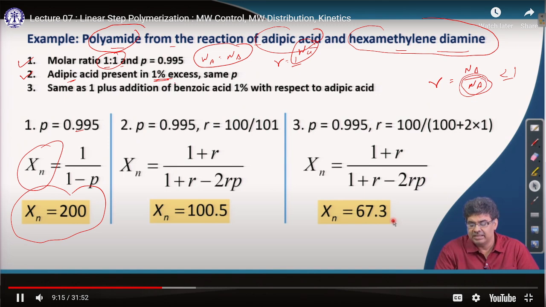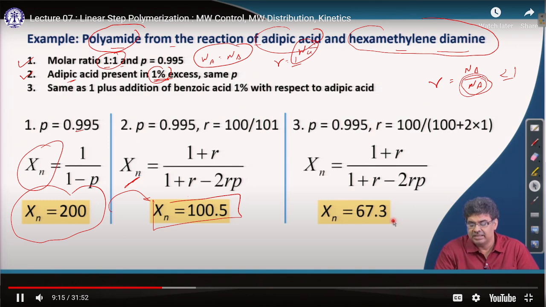Then I find the degree of polymerization by this formula, and if you solve it, you will find the degree of polymerization is 100 only. Just half. What you did was just increase the concentration by 1%. See, it is very little, 1% concentration.